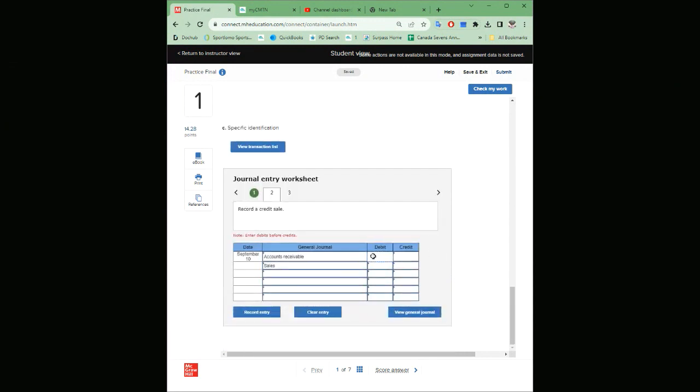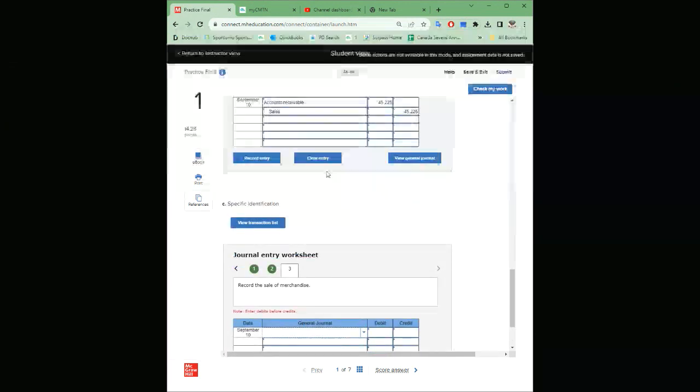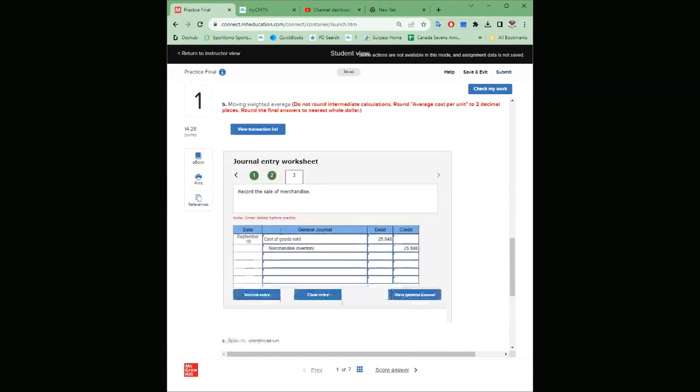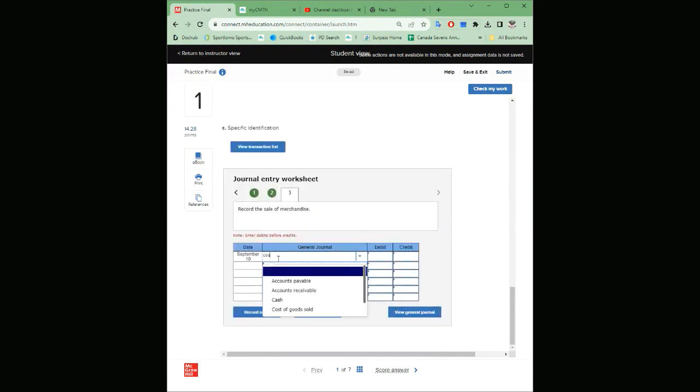And again, this part won't change, just the amount. So cost of goods sold and our merchandise inventory. Again, I can go through and I can just add these up, 25,705, and we're just looking for that last transaction.